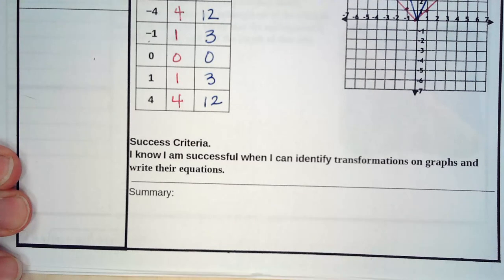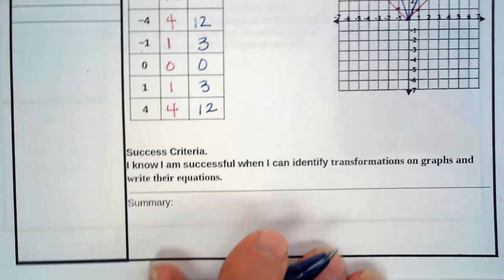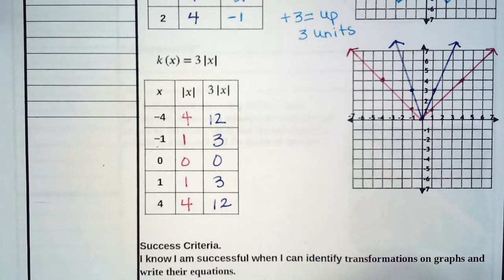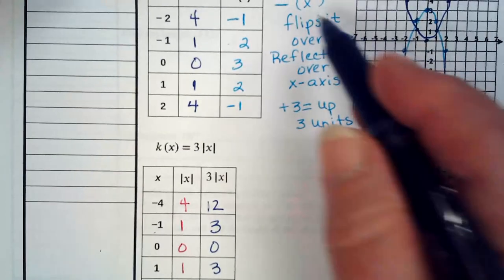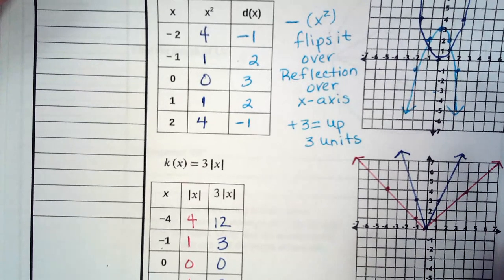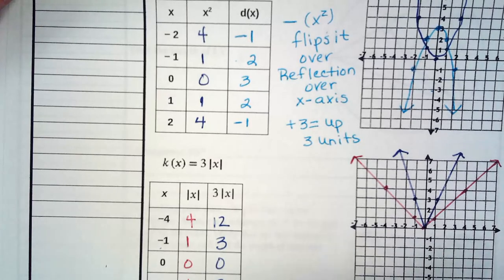So, success criteria. I know I'm successful when I can identify transformations on graphs and write their equations. So we've got 2 new transformations today, where we put a negative sign out in front of the variable and it will reflect it over the x-axis.